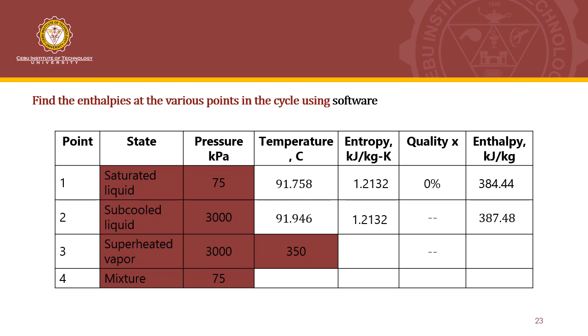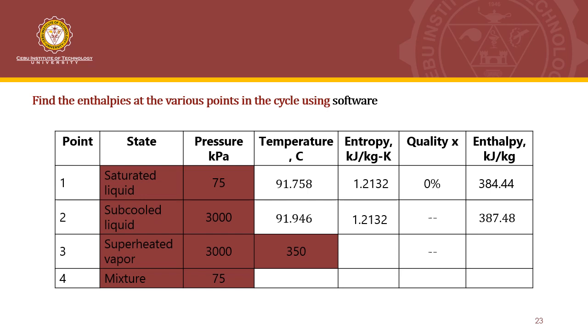As you can see here, there is a very small change in temperature in pumping. Same also with the enthalpy, a very small change in the enthalpy. That is the reason why a pump is better to use when you have this simple ideal Rankine cycle, because it requires little power input.